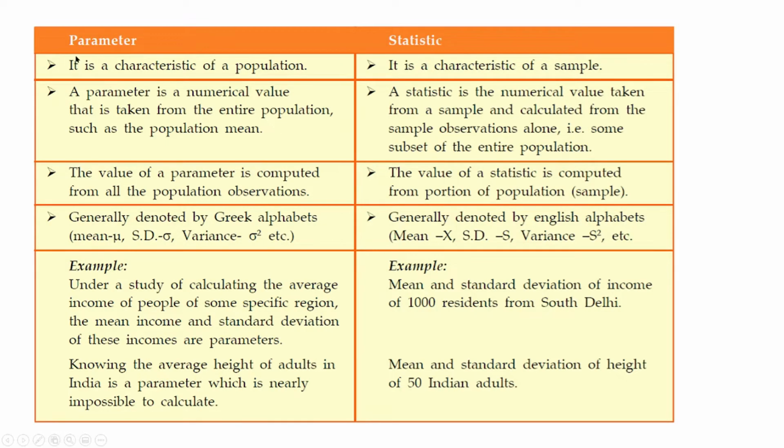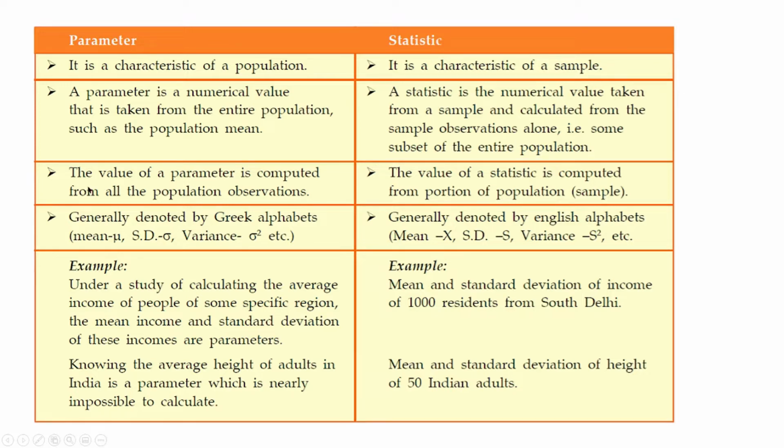Now we have what is called parameter and statistic. A parameter is a characteristic of a population, and a statistic is a characteristic of a sample. A parameter is a numeric value taken from the entire population, whereas a statistic is a numerical value calculated from the sample observations alone. For example, the population mean is taken from the entire population, whereas the sample mean is taken from only the sample observations.